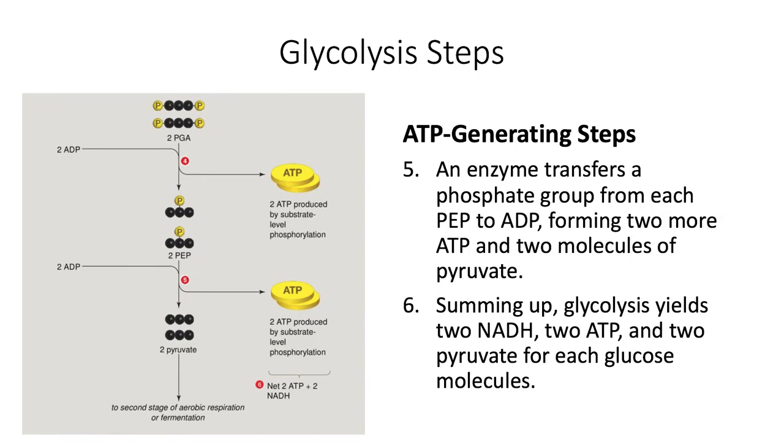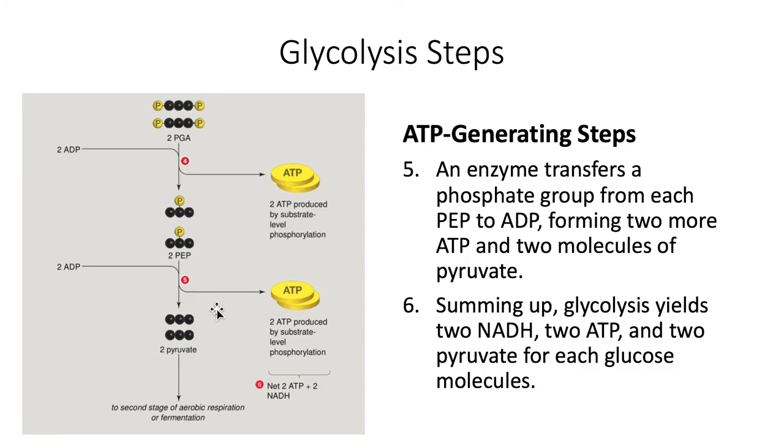So in step 5, you're going to have an enzyme transferring a phosphate group from each of these PEP molecules to ADP, and we're going to form 2 more ATPs. So at this point, we have put in 2 ATP and we made 4 ATP. So our net ATP made is 2 ATP. We also made 2 NADH molecules, and we're left with 2 of these pyruvates, which are going to be used later on.